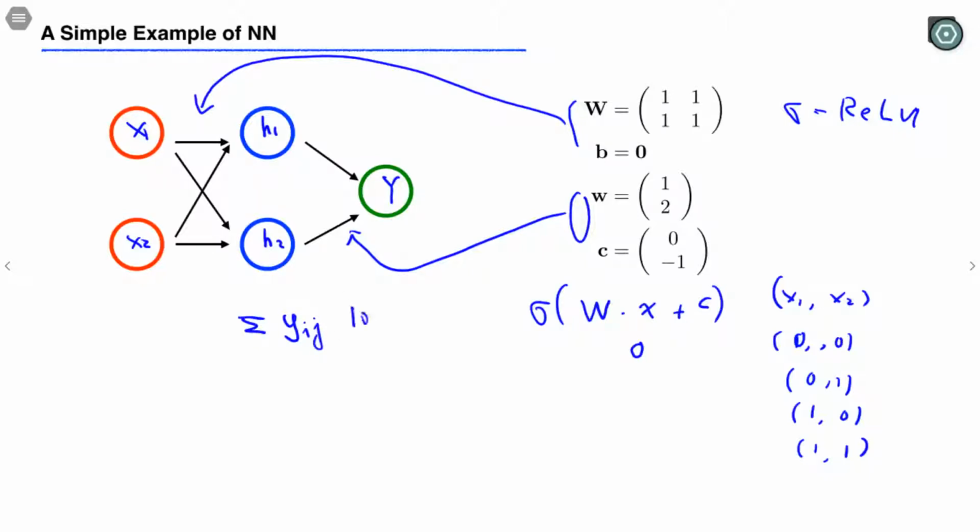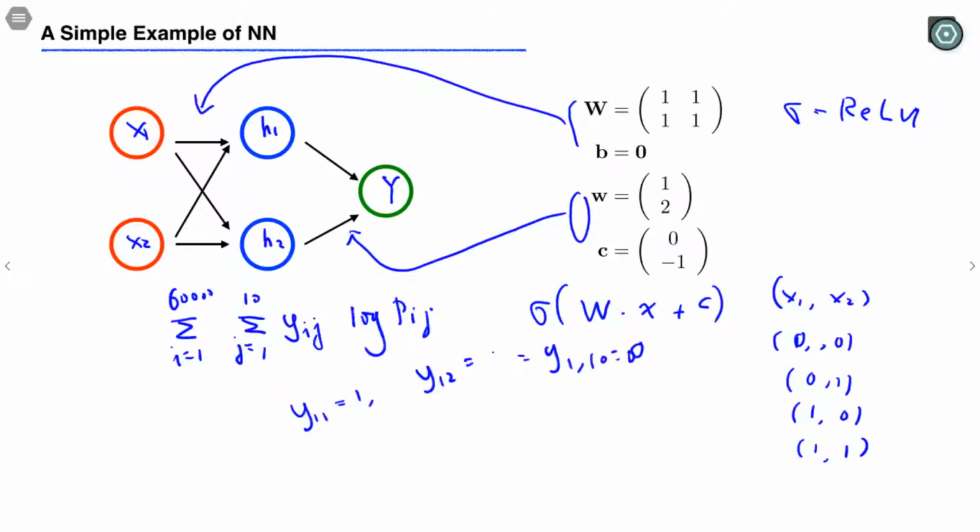Let me explain the meaning of those, y_ij and p_ij. So j is from 1 to 10, i is from 1 to 60,000, okay? Because the y_ij will be a vector of length 10. So for example, for the first observation, if you're in the first category, then y_11 is going to be 1, and y_12 and all the way to the end are going to be 0, right?